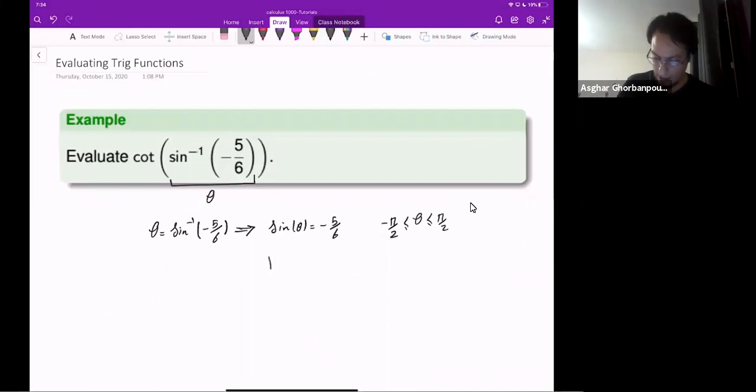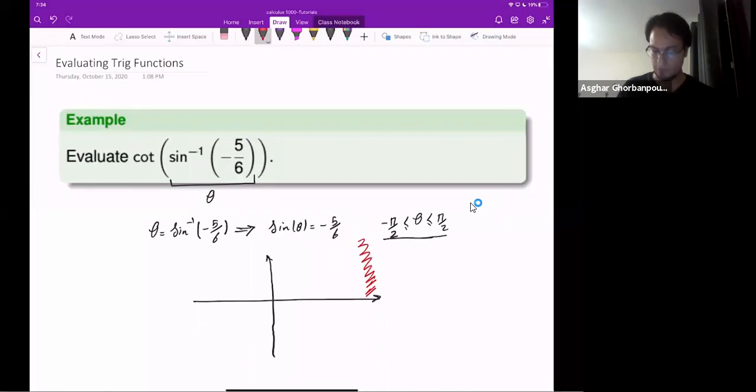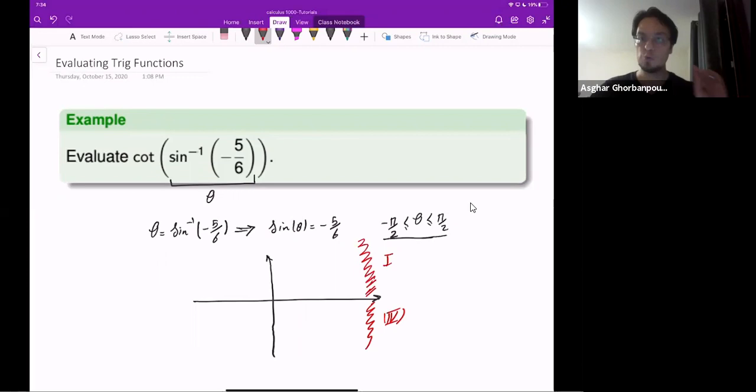So far, what we know is that that angle is either on the first quadrant, so between 0 to pi/2, or the second quadrant, so either here or here. But I also noticed that theta is an angle whose sine is negative.